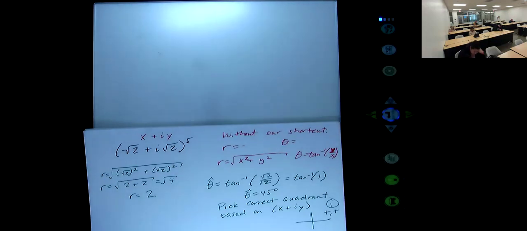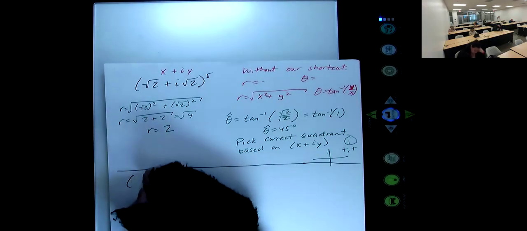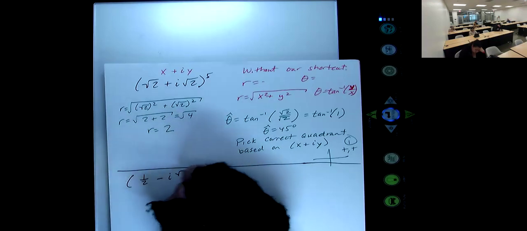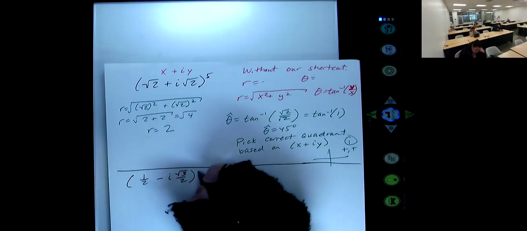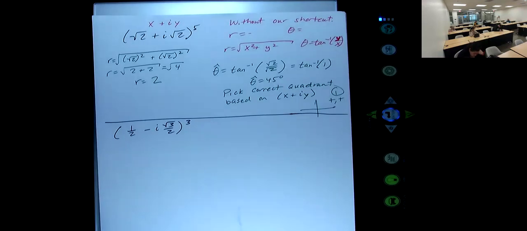Let's go with (1/2) minus I√3 over 2, cubed. Try to work that out, and then we'll do it together.